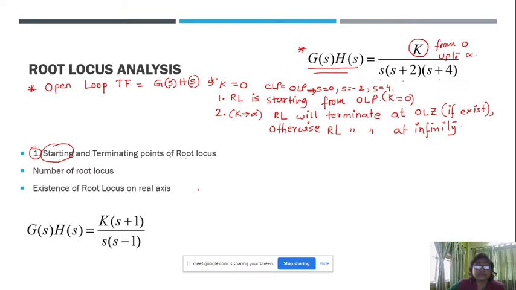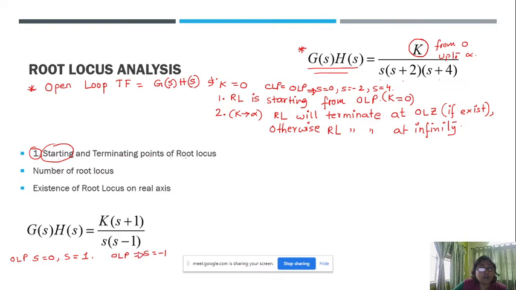Okay? But in this example, you can see what the open loop poles are here. Here the open loop poles are 0 and plus 1. What is the open loop zero? Open loop zero is equal to minus 1. Right.